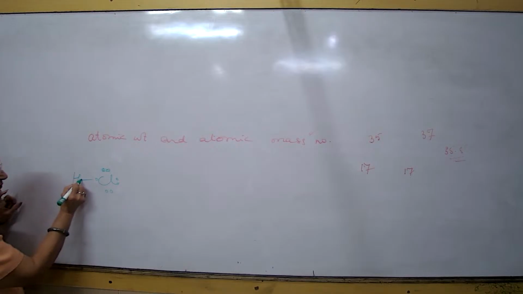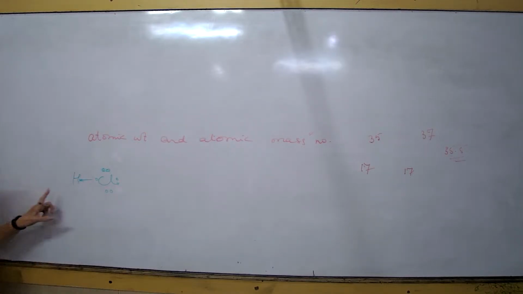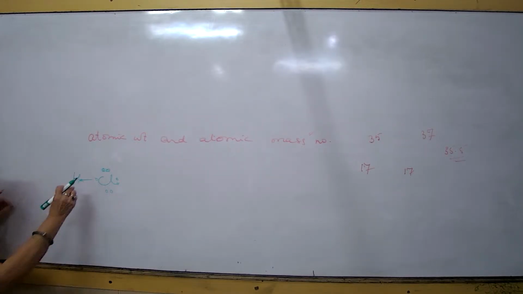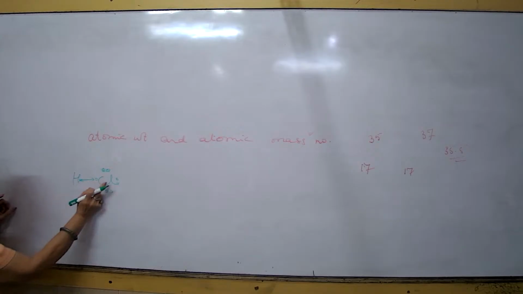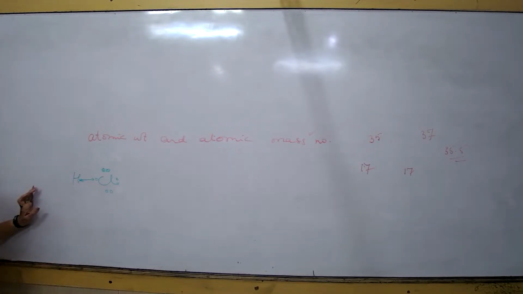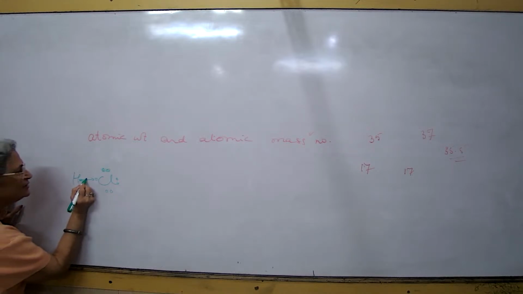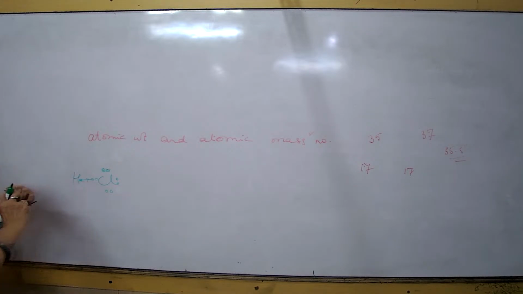Chlorine needs 8, so it is taking this one here. The sharing is between both of them. If the sharing is absolutely in the middle, the electrons are being pulled and shared in the middle. This becomes a neutral molecule.